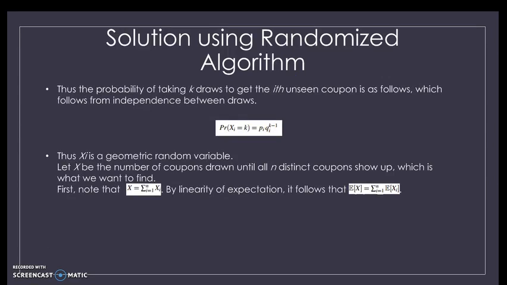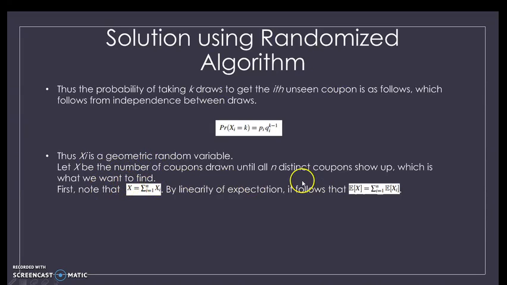Thus, the probability of taking k draws to get the i-th unseen coupon follows from the independence between draws: probability Xi equals k is equal to pi times qi to the power of k minus 1. Xi is a geometric random variable.